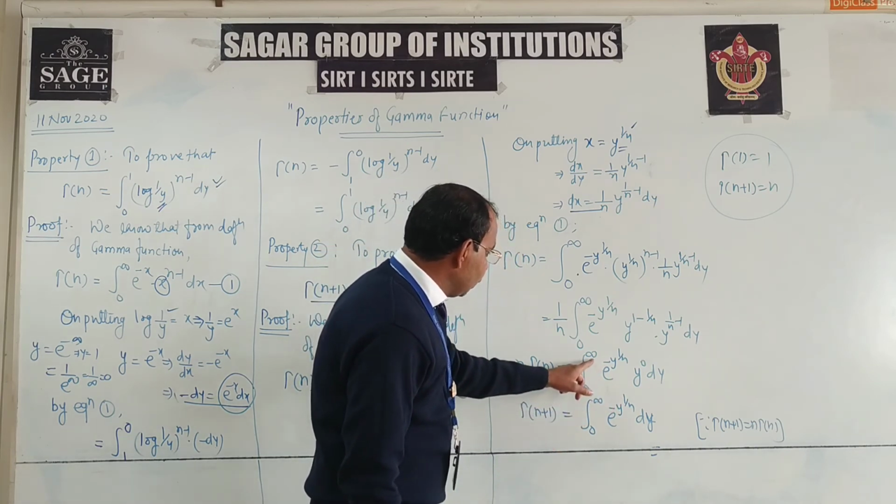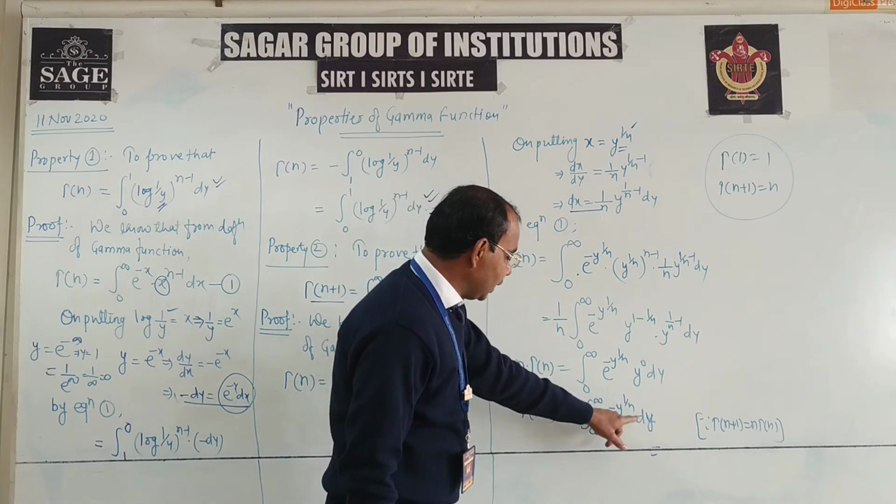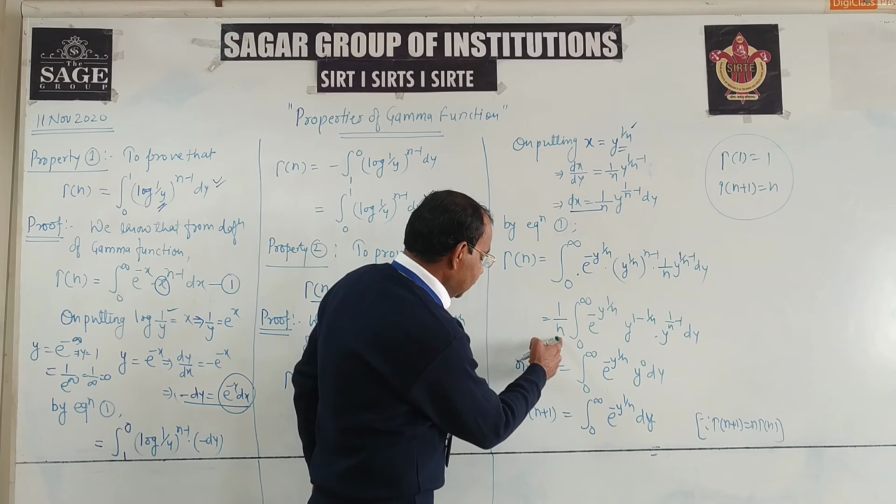Hence the integration from 0 to infinity of e to the power minus y to the power 1 upon n dy, and by cross multiplication, n gamma n.